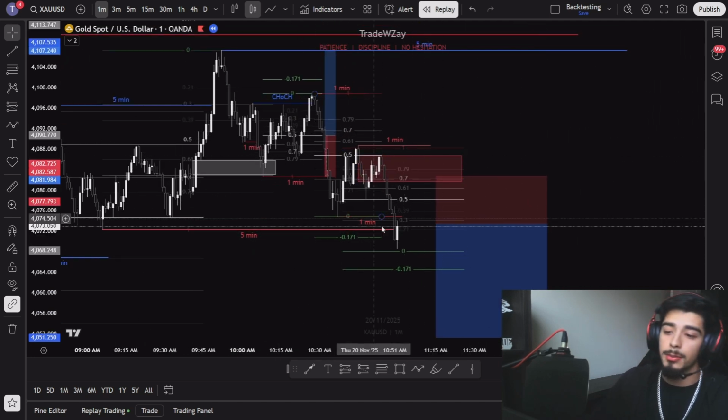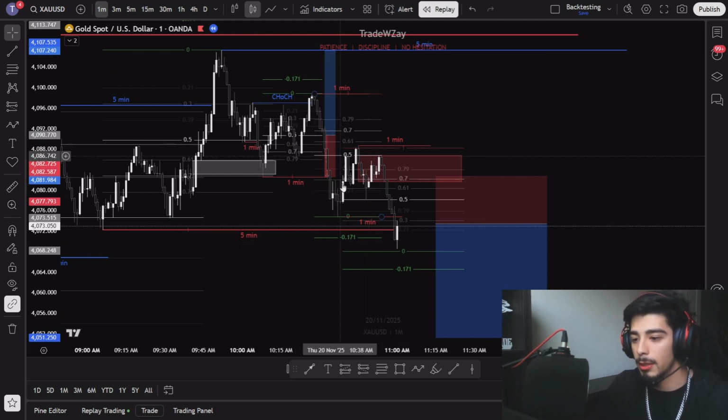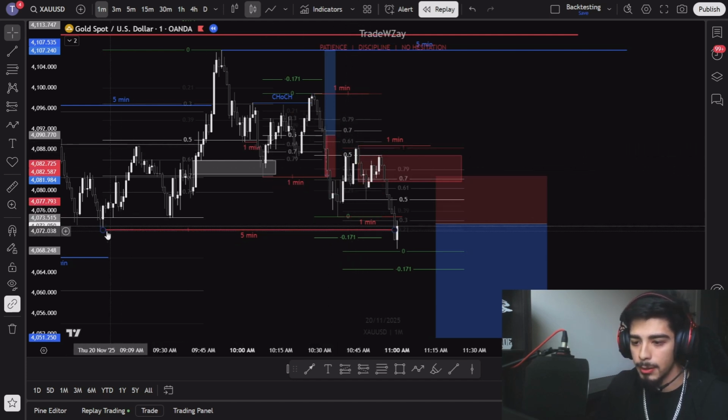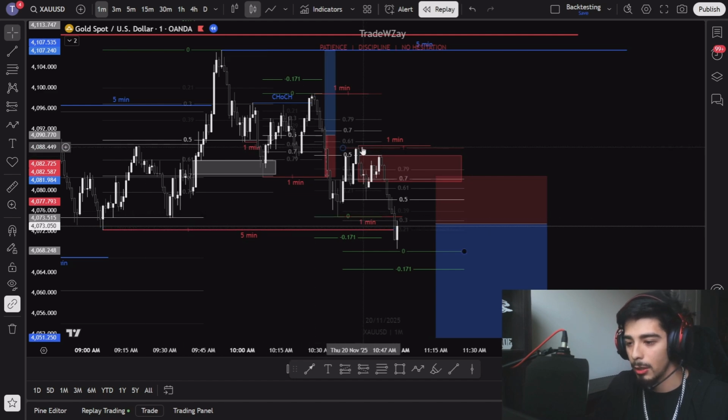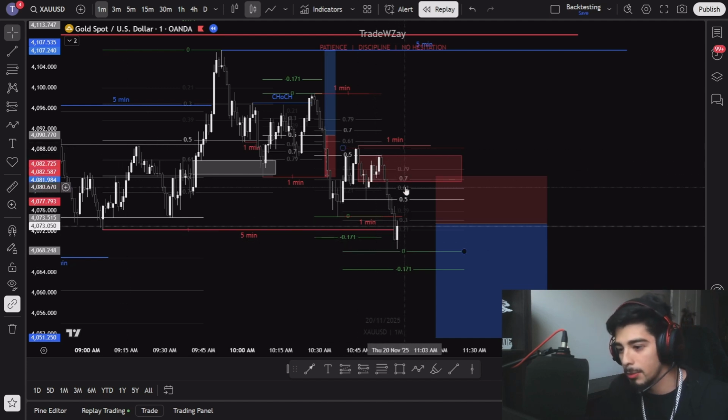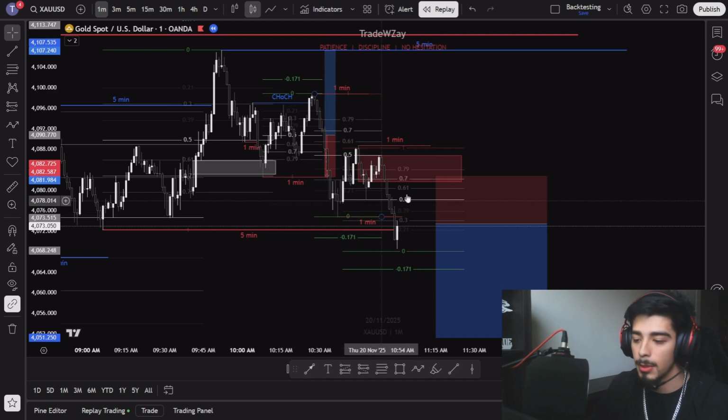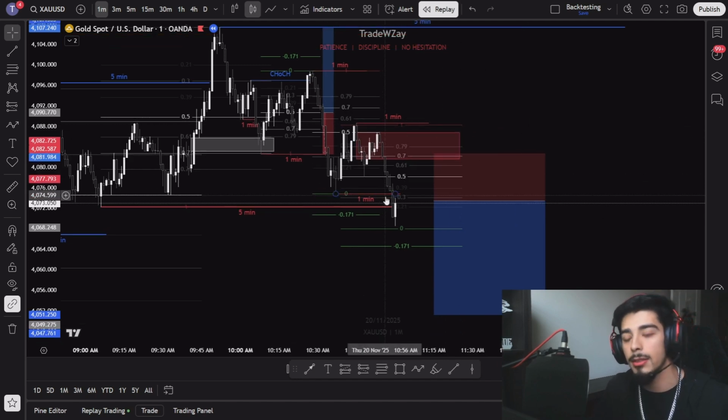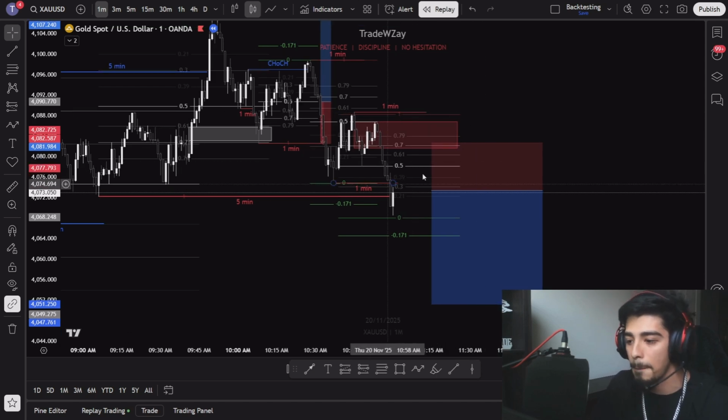So this is better now. Instead of trying to force a trade up here before it makes this change of character, now we have the change of character on the 5-minute, and the 1-minute is bearish as well as the 15-minute. So we got 3 time frames that are aligning right now.